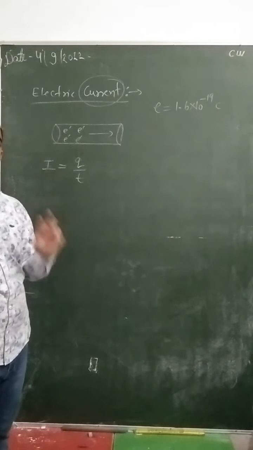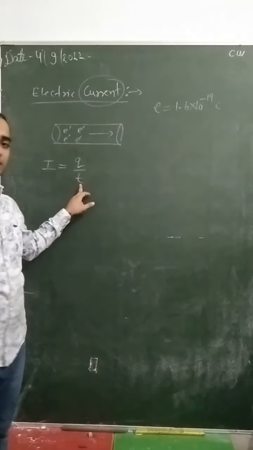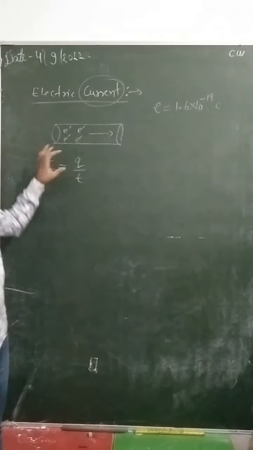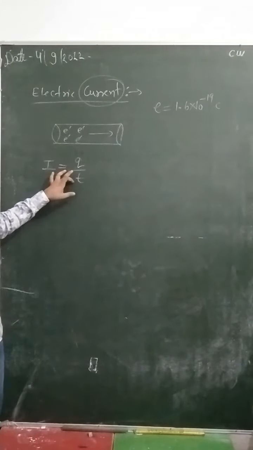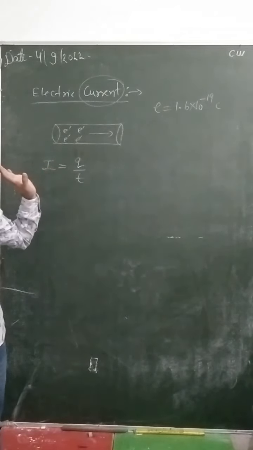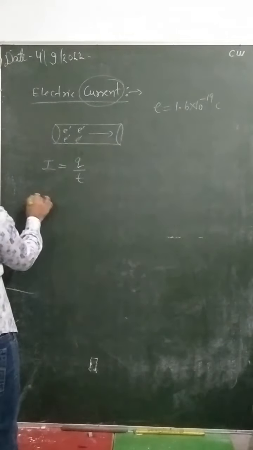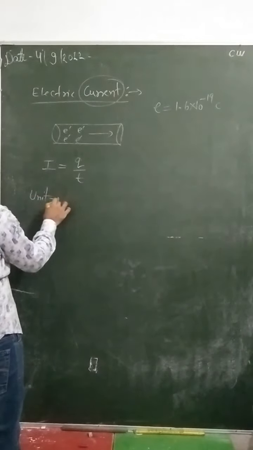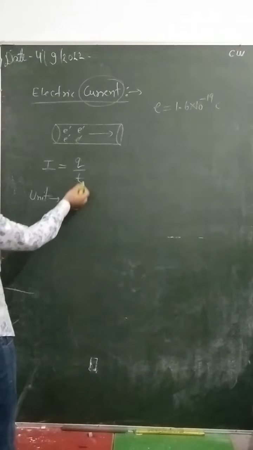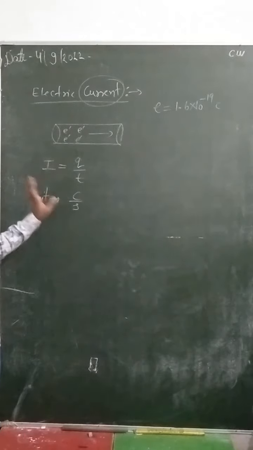How much charge will cross the conductor from one end to the other in a given time? That ratio is called electric current, or you can say the rate of flow of charge, Q upon t, is known as electric current. So what will be its unit? Unit of current will be coulomb per second. Charge has SI unit coulomb, time has SI unit second, so its SI unit will be coulomb per second.